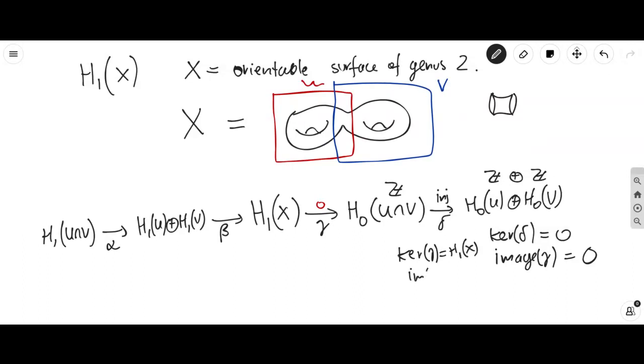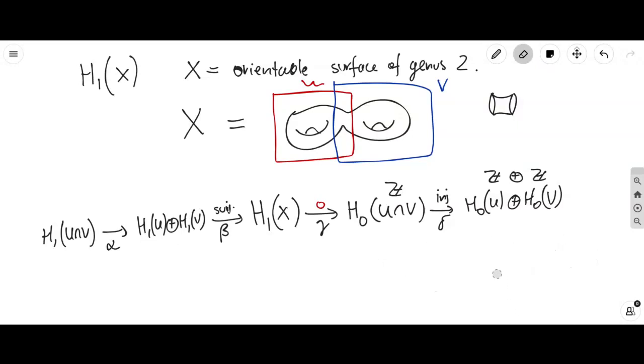So it would mean that the image of beta also has to be everything because of exactness. So this map is therefore surjective. You can see that by just knowing that this is injective, we're able to get all of that information. So that's how we're exploiting exactness.